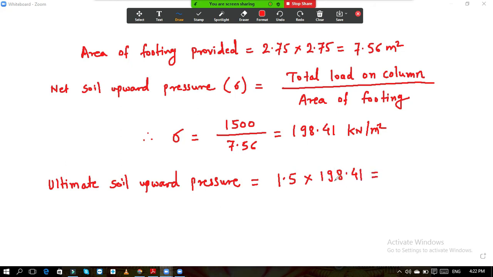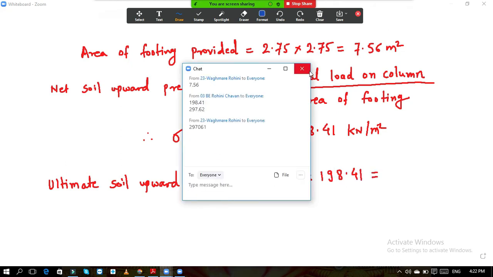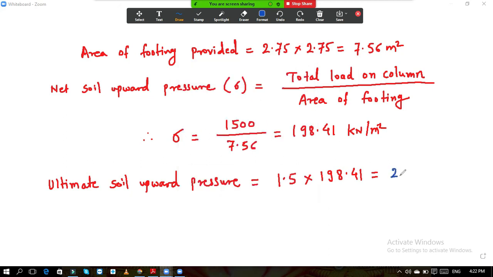Calculate the answer: 297.62 kilonewton per meter square.